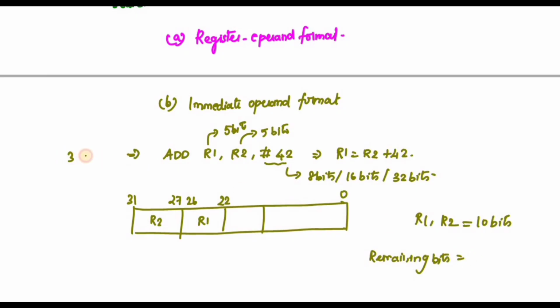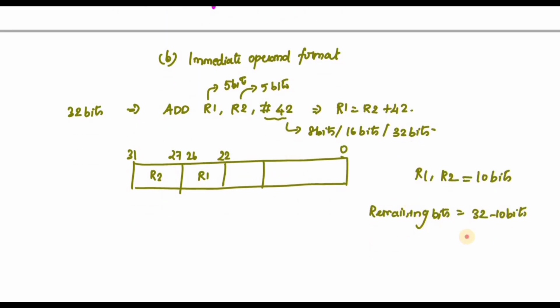It is a 32-bit register, so 32 minus 10 is 22 bits.